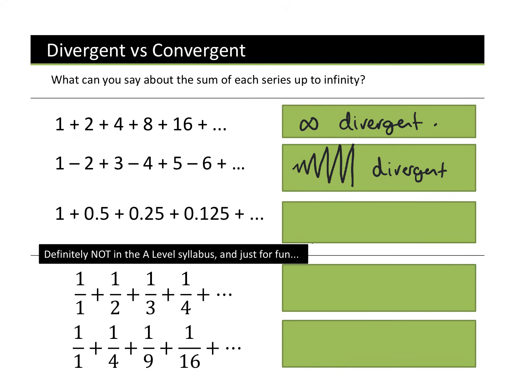For the next one, 1 plus a half plus 0.25 plus 0.125. Each time we're halving the term and then adding it on. Now this is actually convergent. Because if we start at 1, and I add 1, I'm going to go here.